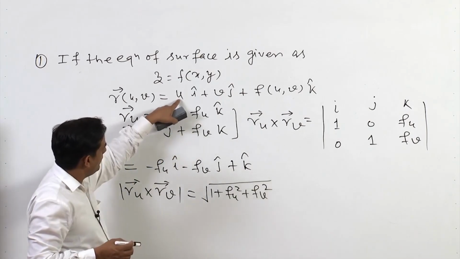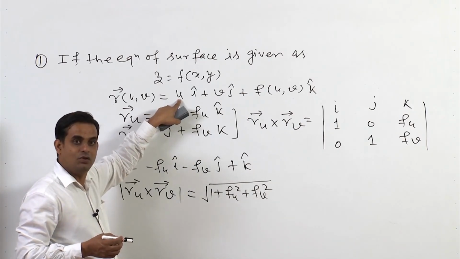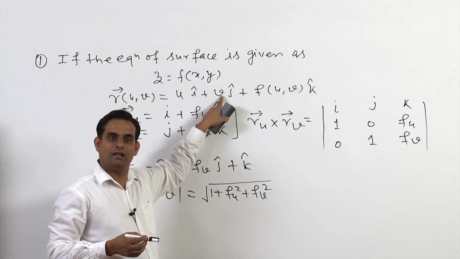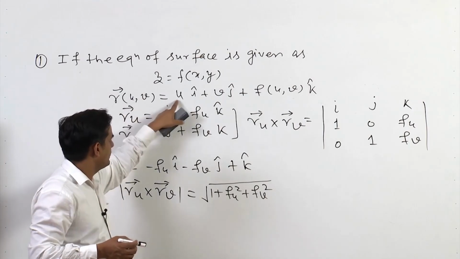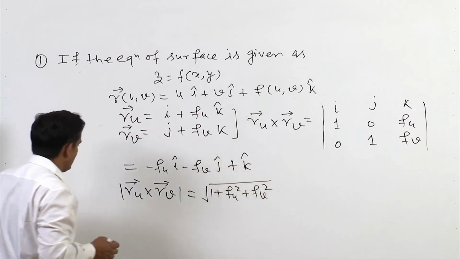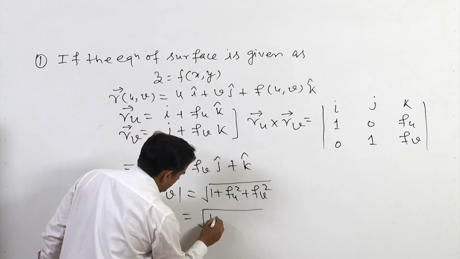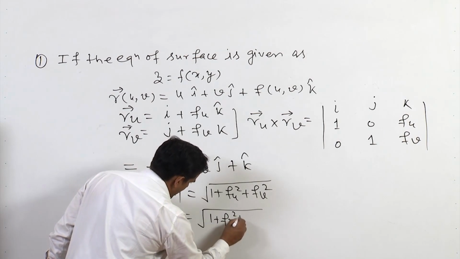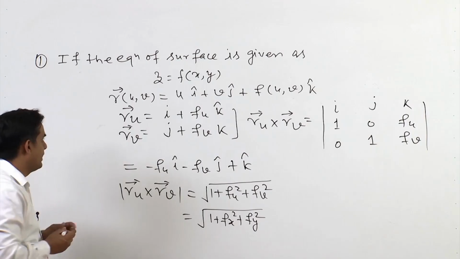And here please note that I am taking x equals u and y equals v, because it is the representation x(u,v) i plus y(u,v) j. So x is u, y is v. So this is also equal to 1 plus f_x square plus f_y square.